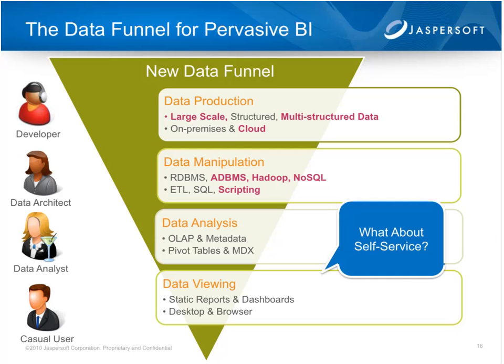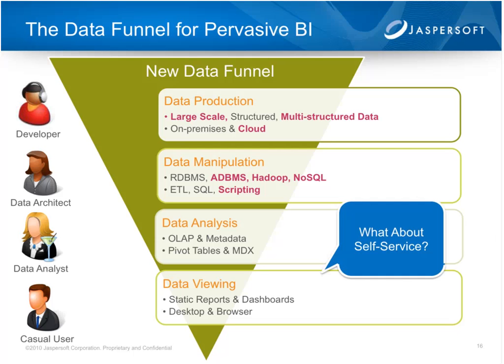We move from data that is largely on-premise to data that is increasingly available as a source in the cloud. And then on the data manipulation front, we move from traditional relational data stores being the primary store for this data to, because of the nature of this new data production, being very large in scale and multi-structured, having to accommodate that with new data stores.